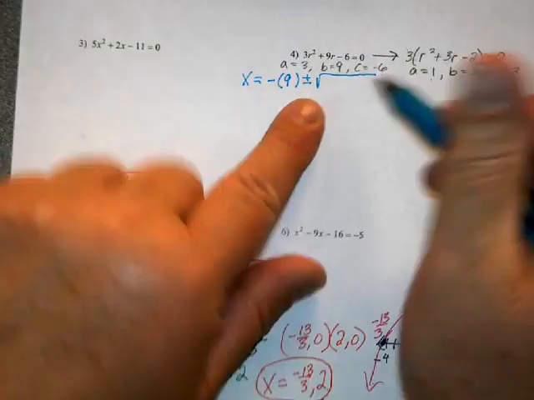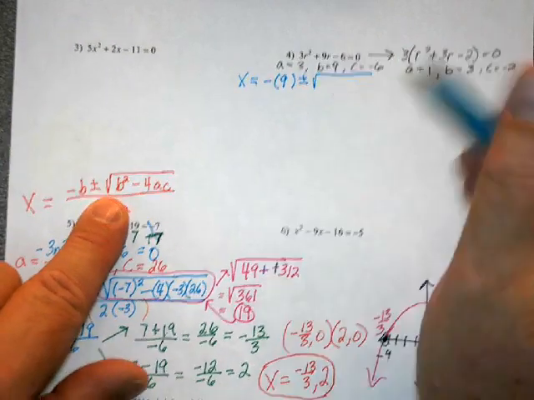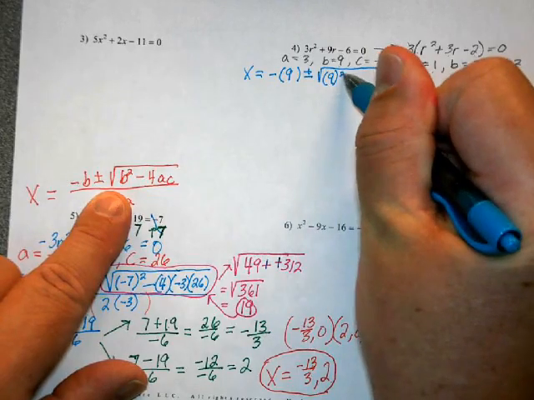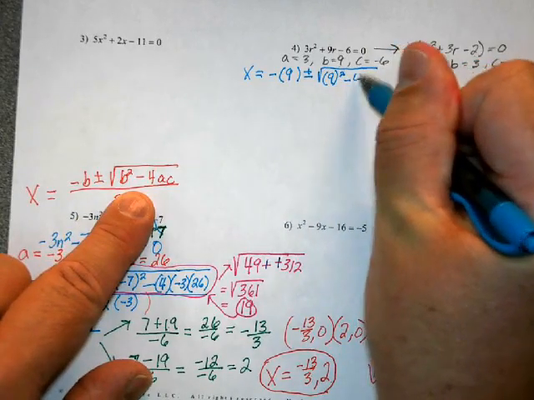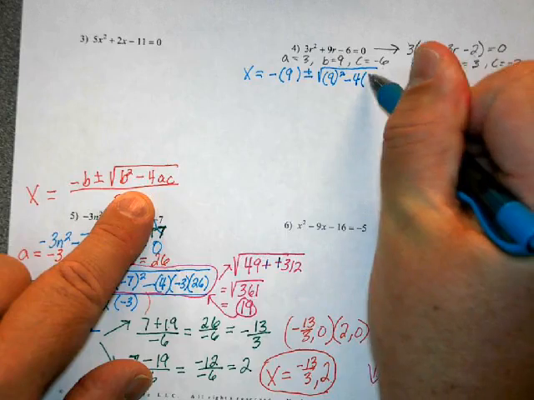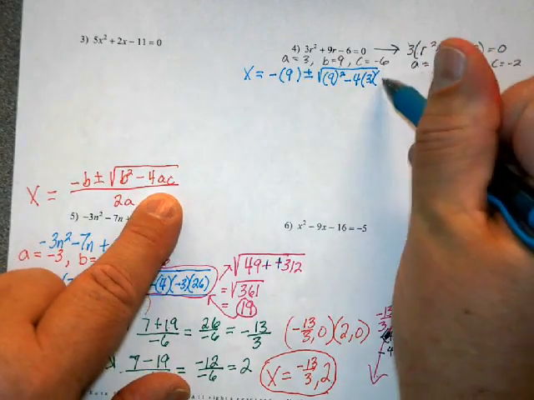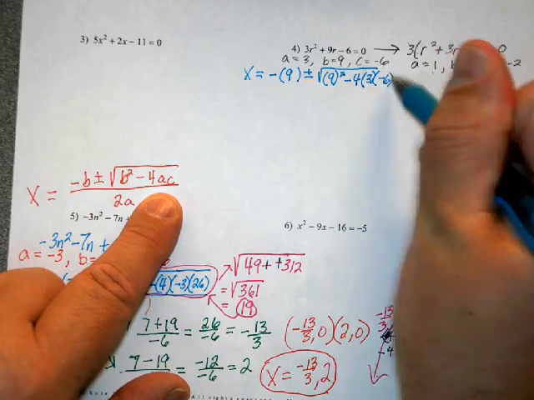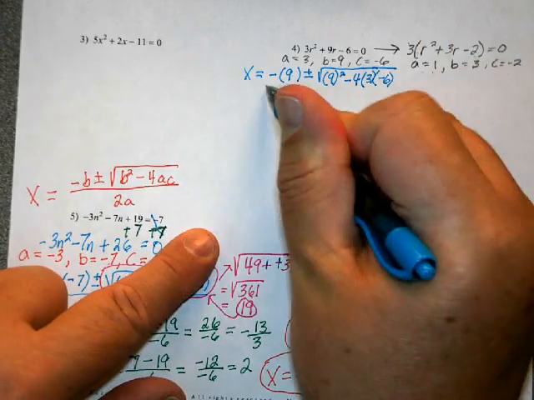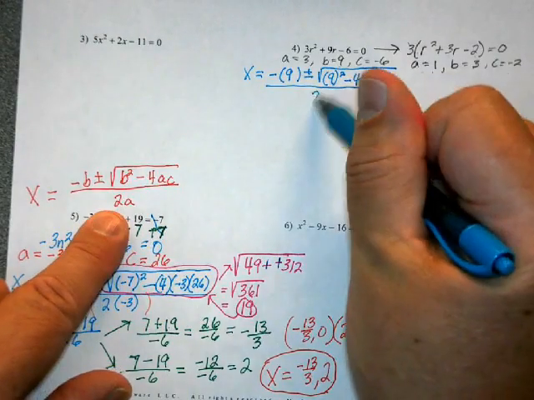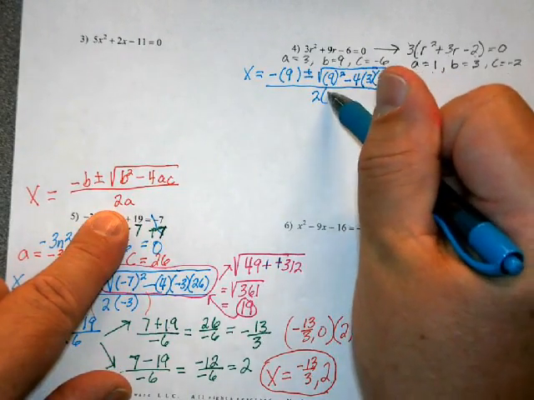Okay. So plus or minus b squared. So I have my b, which is 9 squared, minus 4 times a, which is 3, times c, which is -6, all divided by 2 times a, which is 3.